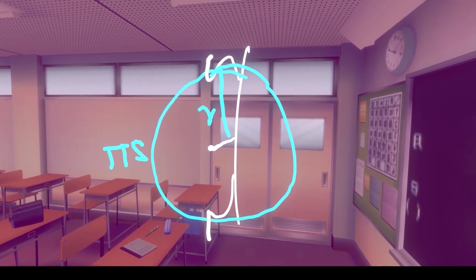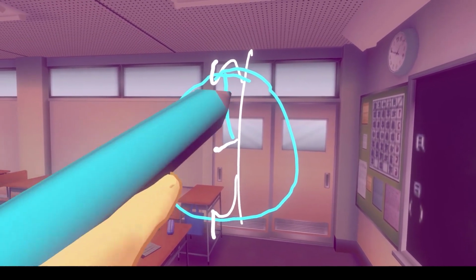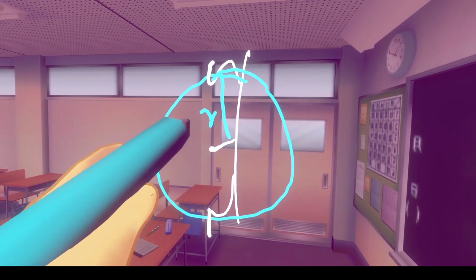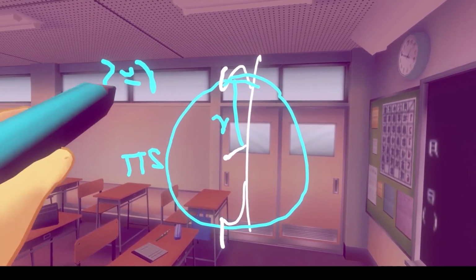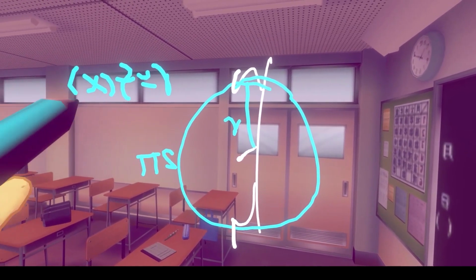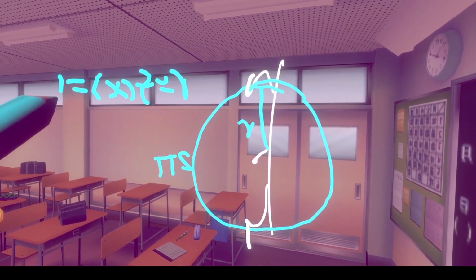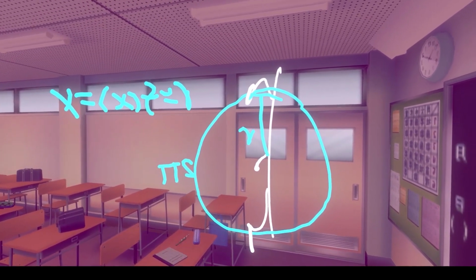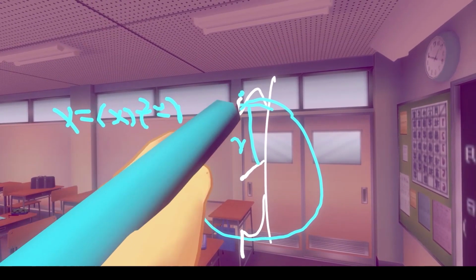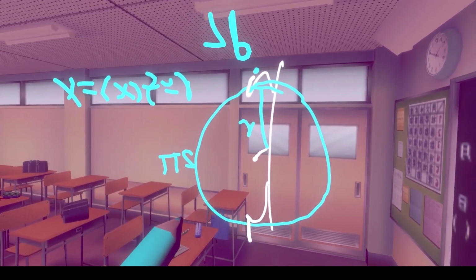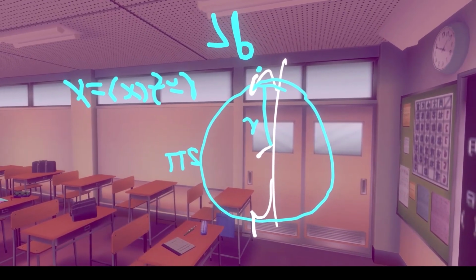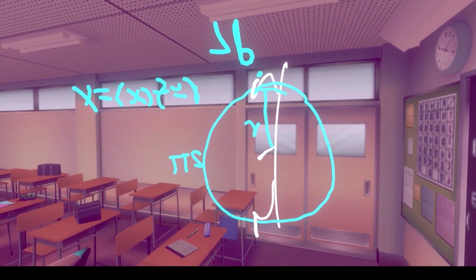Now, what do we do? Well, r is equal to f of x, or y. And then we have this is going to be dl and 2 pi, and the perimeter of a circle is 2 pi times the radius.